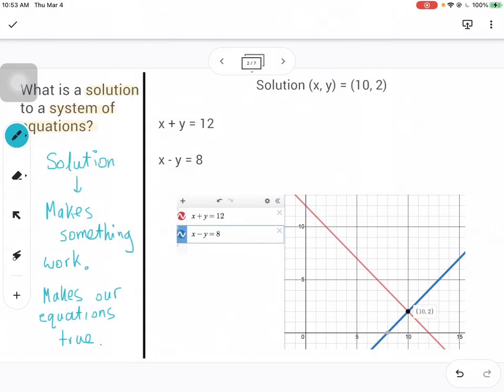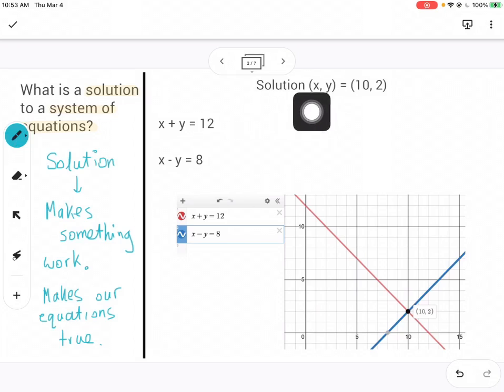So yesterday, you guys did a Desmos activity where you looked at two equations and tried to figure out a pair of numbers that made both equations true.